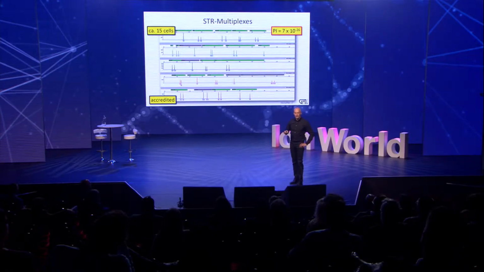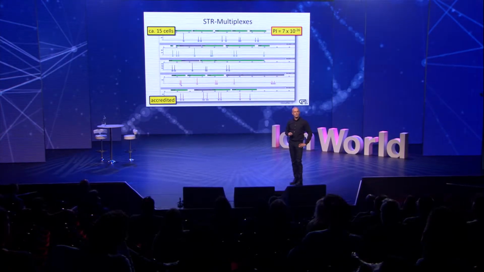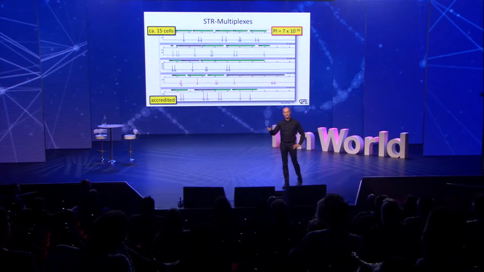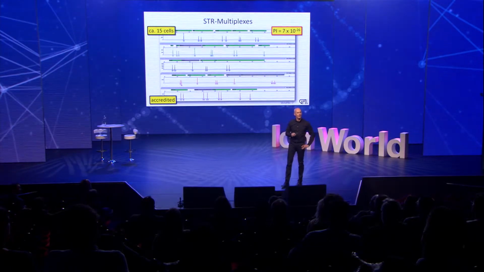With an astronomical statistical value, the random chance of finding such a DNA profile again in the world population is extremely minimal. Now, the interpretation of these DNA data is pretty straightforward when we talk about criminal cases.